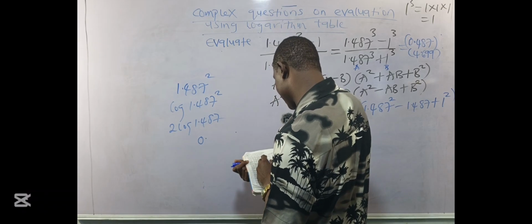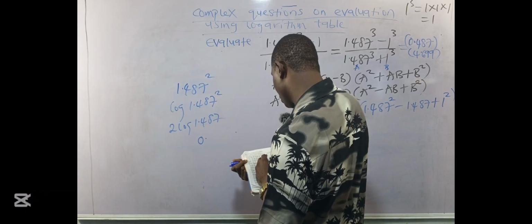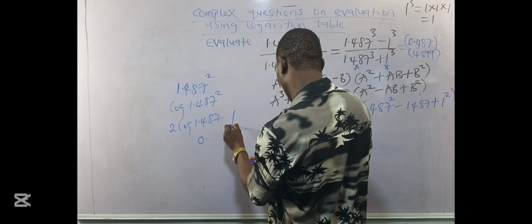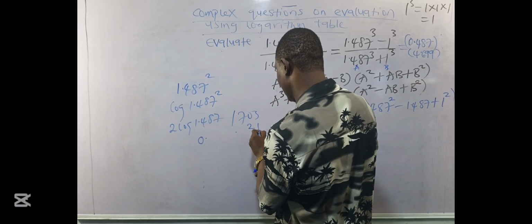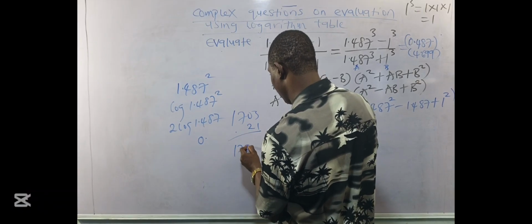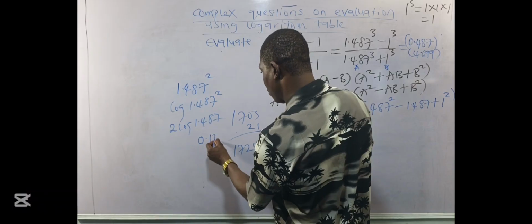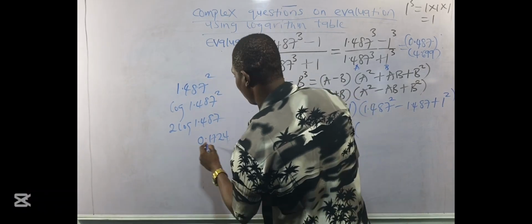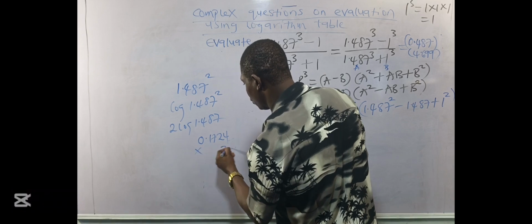14 under 8 is 1703, and difference 7 is 21. 1703 plus what? 21 will give me 1724. So I have 1724 here. And we have 2 at the front, so we'll multiply by 2 times 2.